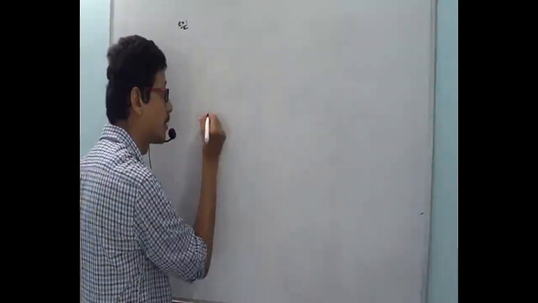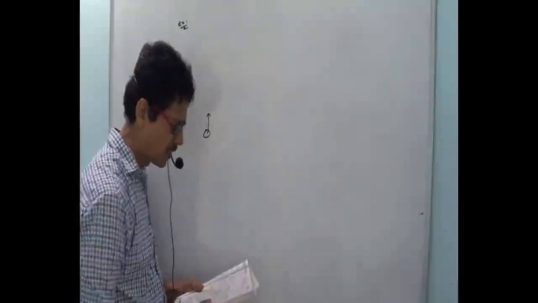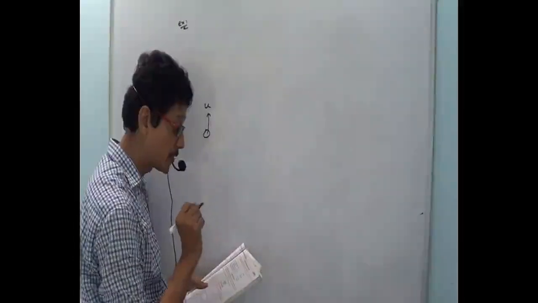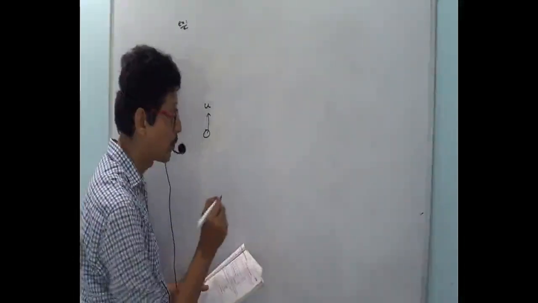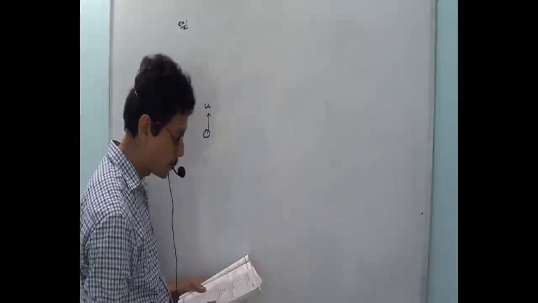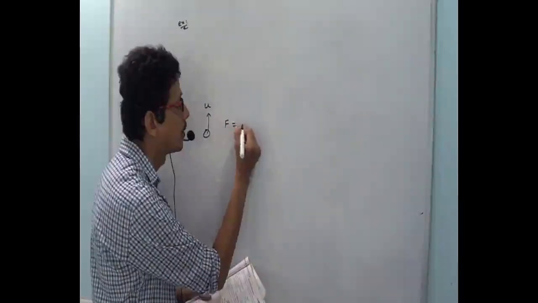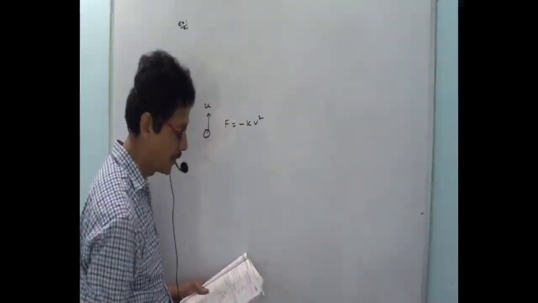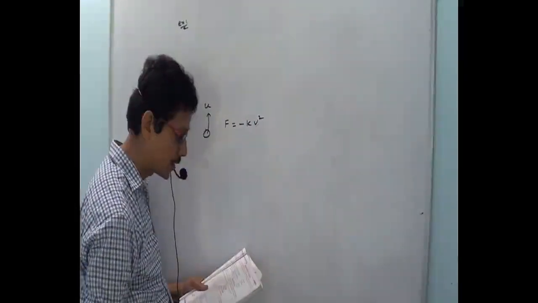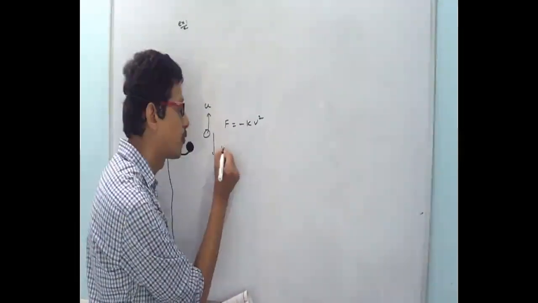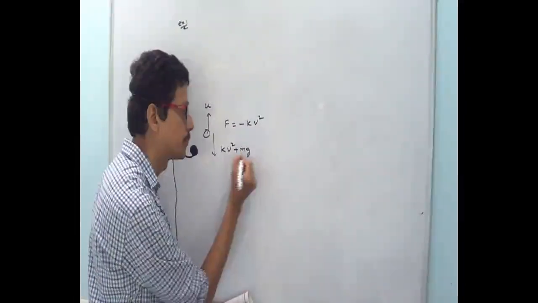A particle is projected vertically upwards with a speed u, in a medium in which the resistance to the motion is proportional to the square of the speed. Initially the net force is double its weight. And the net force is kv square plus mg.